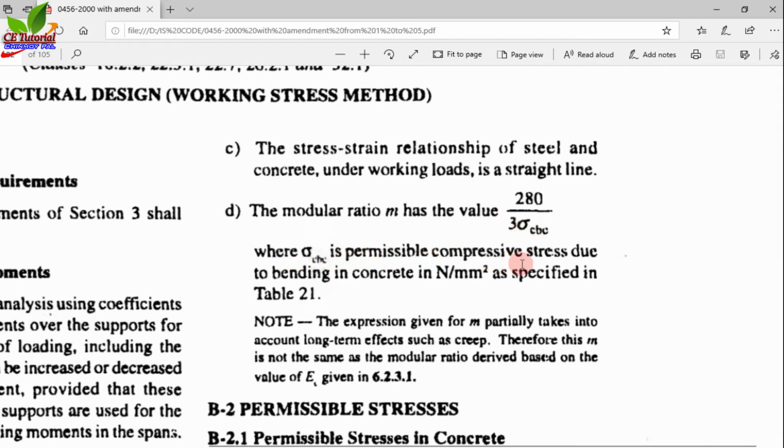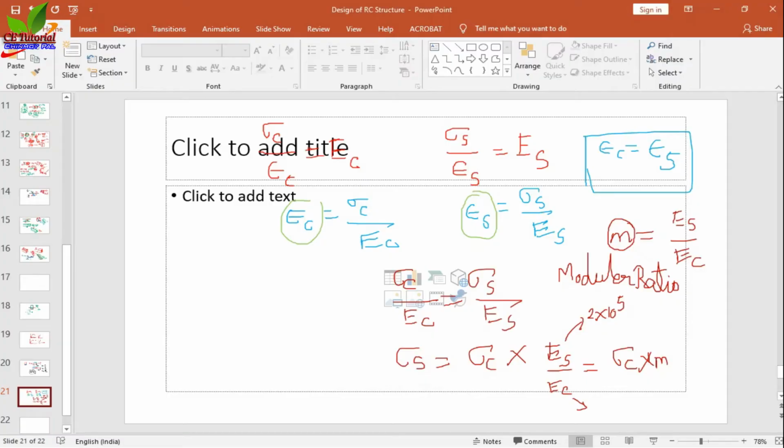Sigma CBC is permissible compressive stress due to bending in concrete, in Newton per millimeter square, as specified in table 21. In the first class I have shown you table 21, which provides the value of sigma CBC for various grades of concrete, and table 22 provides various values of sigma ST for various types of steel.